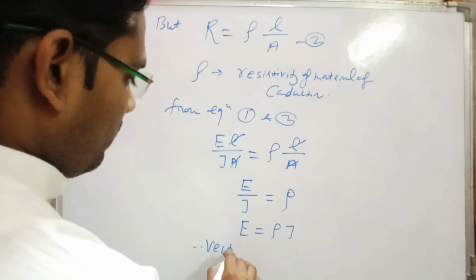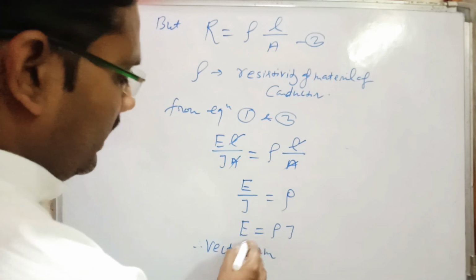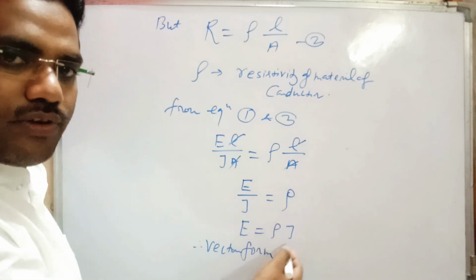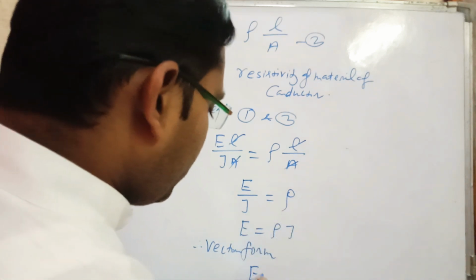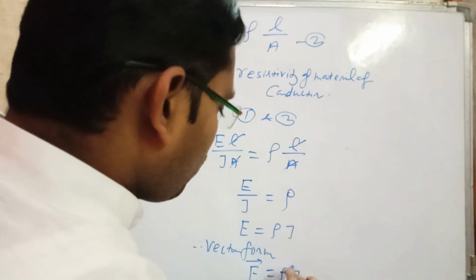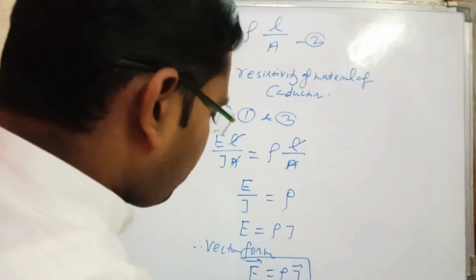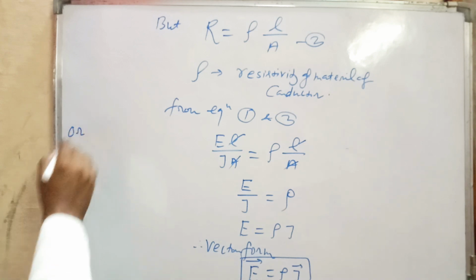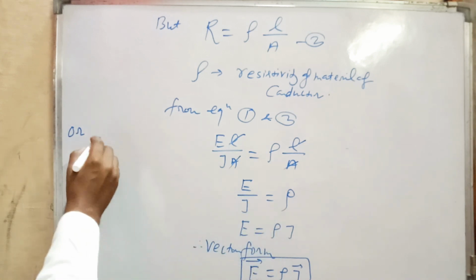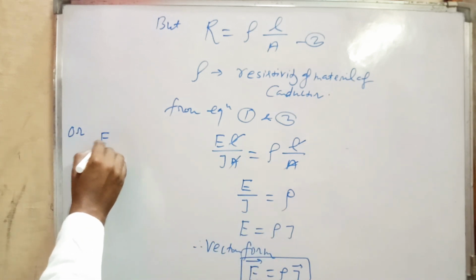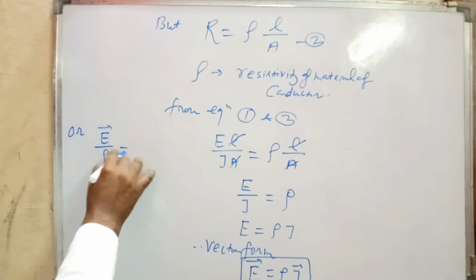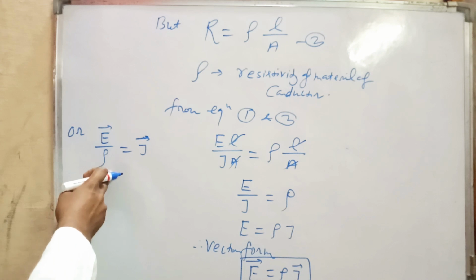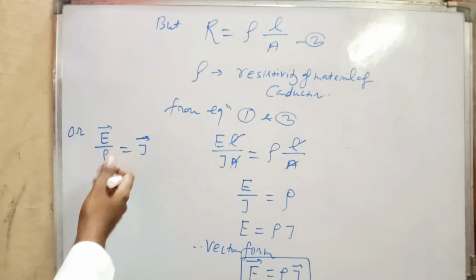Now here, vector form. Electric field intensity is a vector quantity and the current density is also a vector quantity. So now here we take vector E is equal to rho vector J. Or this expression is also written as vector E by rho is equal to vector J, and 1 upon rho, 1 upon resistivity, gives conductivity.